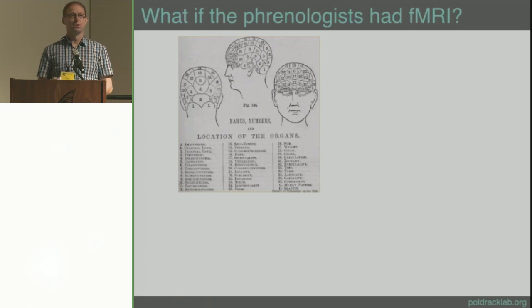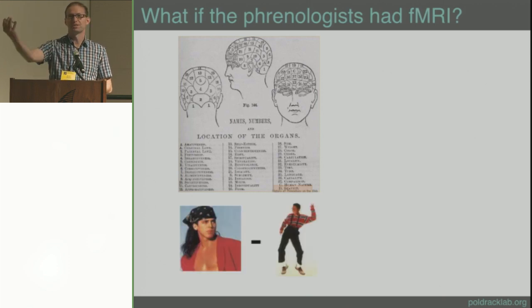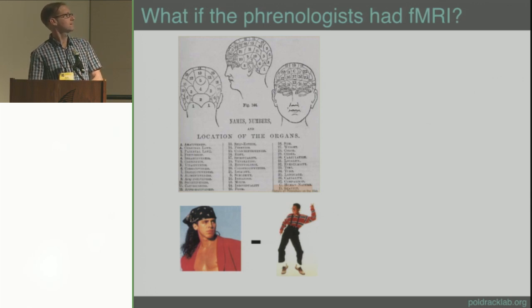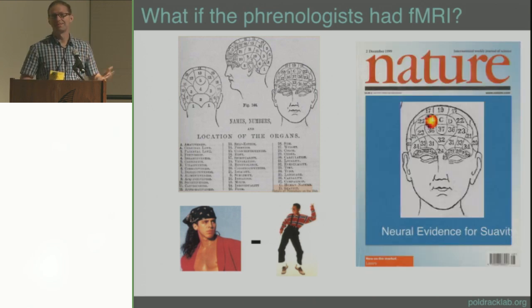So I have my Poldrack suavity task that we take into the scanner, showing people pictures of some suave people and some not so suave people, and ask what happens. I would find an area in the brain that lights up for suavity, and we'd get a Nature paper on the neural evidence for suavity.